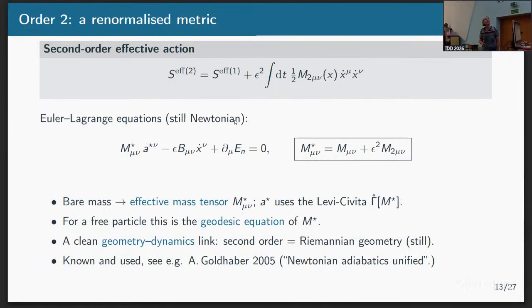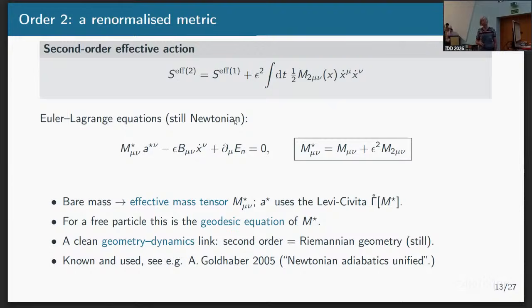Okay, in second order, as I already hinted, you get an additional term in your effective action, which I show how it looks in terms of the physical states integrated out, and this just renormalizes your mass matrix or your Riemannian metric on the parameter space.